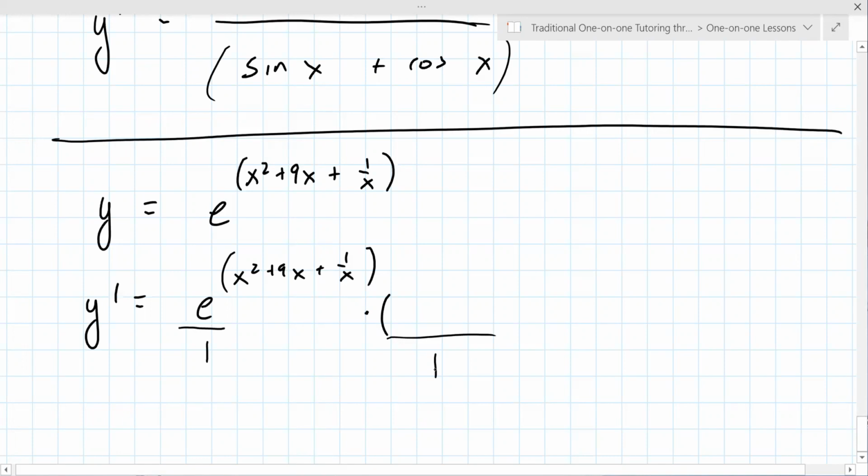So this is going to be 2x plus 9 plus negative x to the negative 2. So it ends up being this. If you write negative x to the negative 2, that's okay as well.